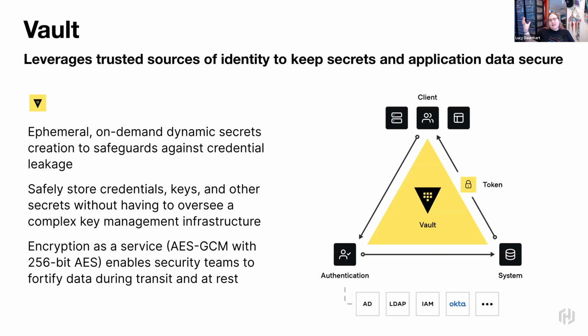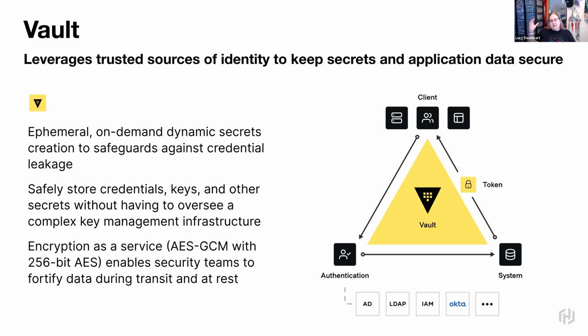And the way it works is it integrates with the most popular identity providers. So Active Directory, Okta, Kubernetes. There's a long list, and I'm not going to go through the whole list now. But this is done to authenticate apps and even humans using these existing identity providers.